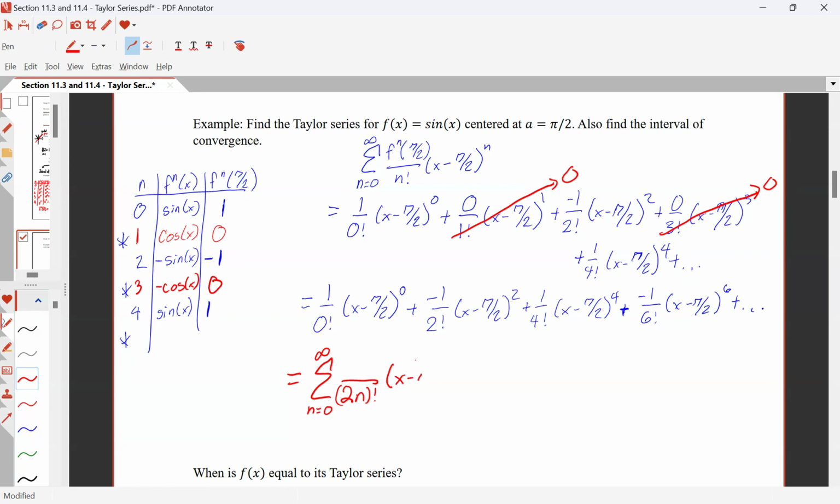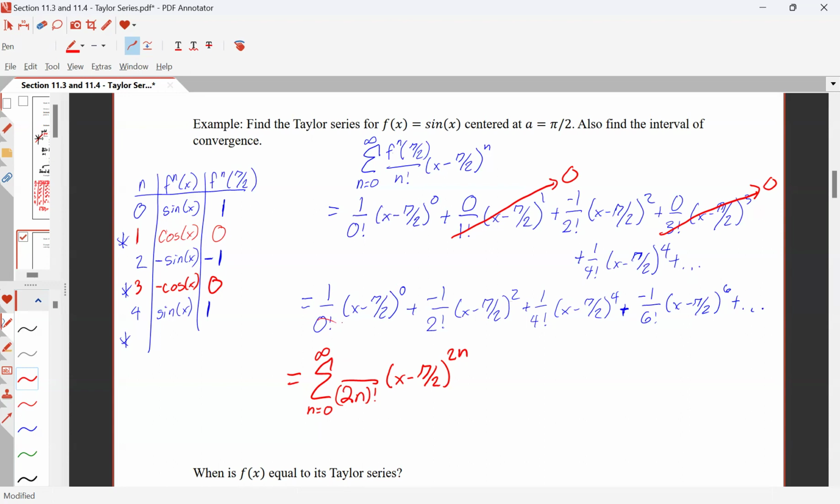And the same thing would apply for the exponents. I could get those even exponents by making the exponent be 2n. I could do odd exponents when I have 2n plus 1. And then the last thing, so we'd have all the factorials, we have all those exponents appropriately.